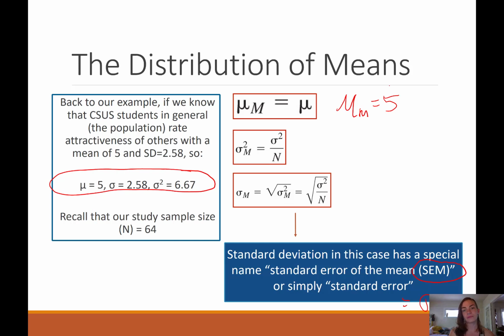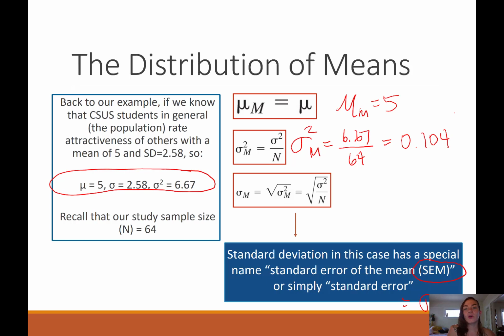I also know that sigma squared, the variance of the comparison population, is 6.67. That value divided by the sample size will get me the variance of the distribution of means. So the variance of the distribution of means, sigma squared sub m, is equal to 0.104.